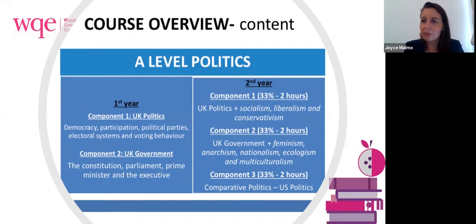The second year, as I mentioned before, is those political ideologies. One thing to mention is, apart from those core political ideologies, you also get to choose as a class. We do a democratic vote, and you get to choose a non-core political ideology. There are 5 to choose from: feminism, anarchism, nationalism, ecologism, and multiculturalism. This year I had one class doing feminism, one class doing anarchism, and one class doing nationalism.